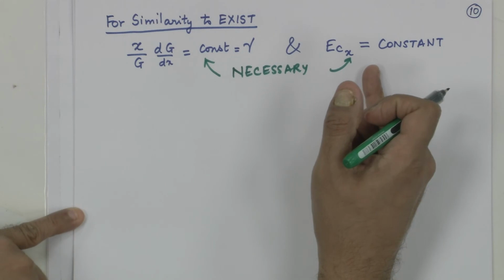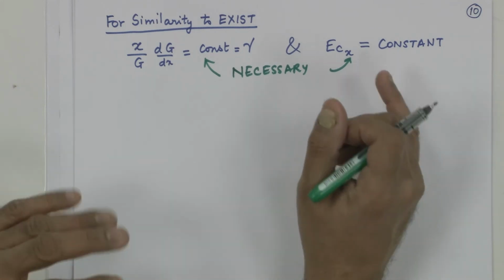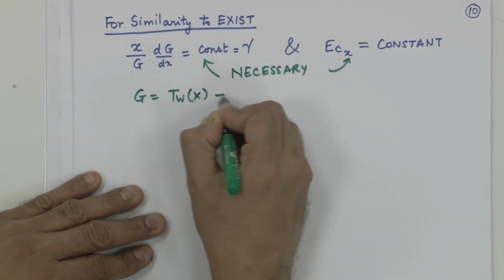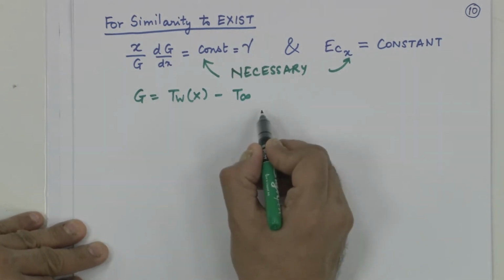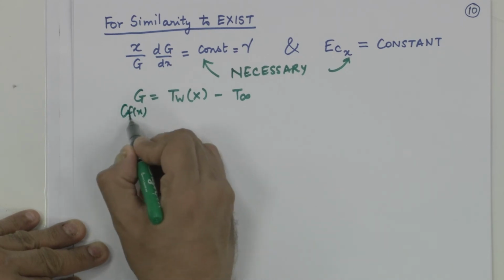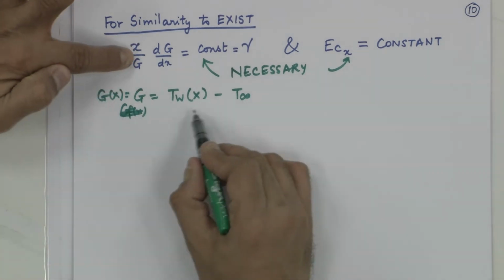U infinity x, Tw of x. Please note, g is Tw of x minus T infinity. We are not saying that this should be constant. Okay, g of x is a function of x, right?